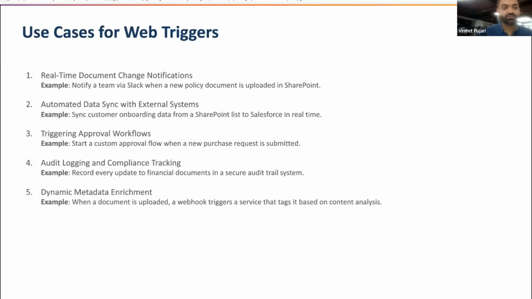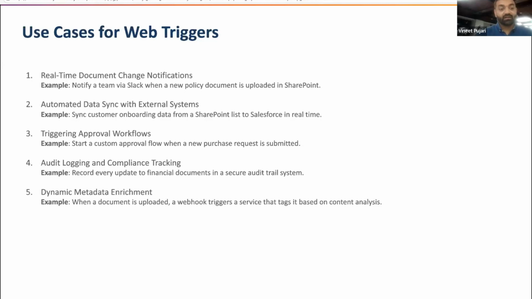an invoice document to your SharePoint library. Now you can immediately sync this document with your system of record, or a CRM application or an ERP application. You can do approval workflows. You can start approval workflows whenever critical documents are submitted on SharePoint.